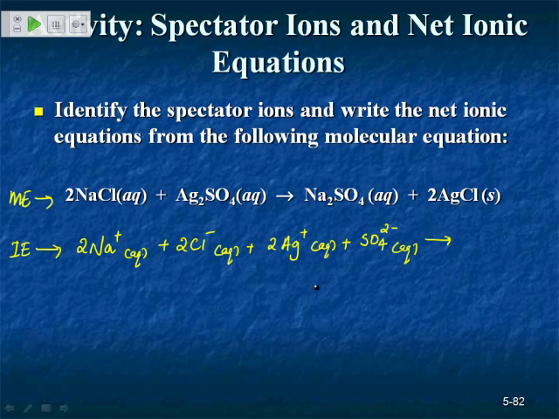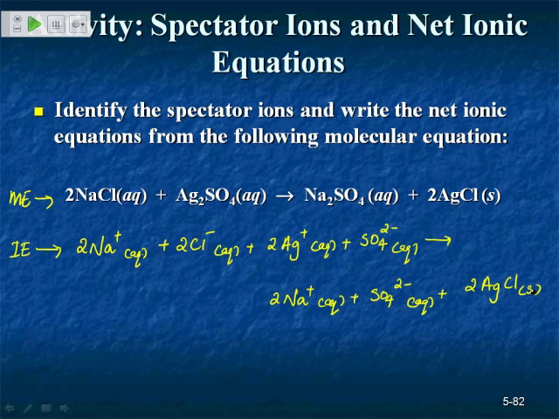What are my products? How do I write them? 2Na plus Aq and SO4 2 minus Aq plus AgCl solid. That is a solid which I cannot split or touch. I will write that as it is. This is my ionic equation.